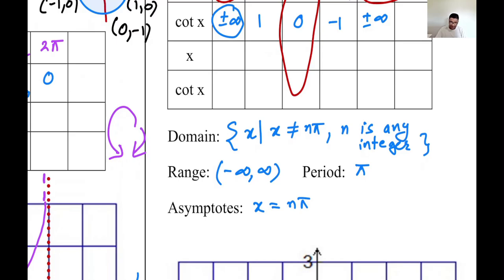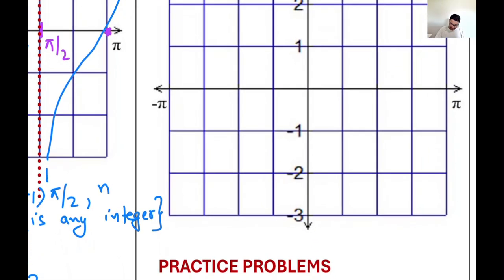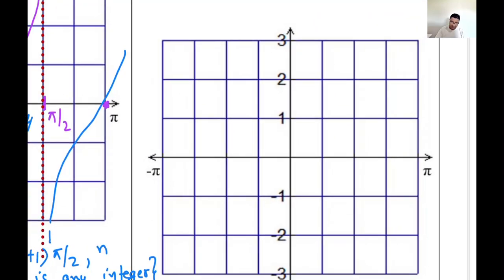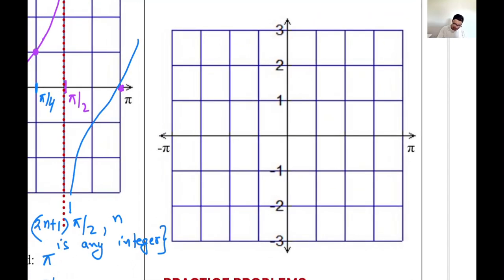Let us try to graph it now. And you have the table with you in your notes. I'm going to write here by recalling it. 0 is here, pi over 2 is here, pi over 4 is here, 3 pi over 4 is here, and then pi is here.